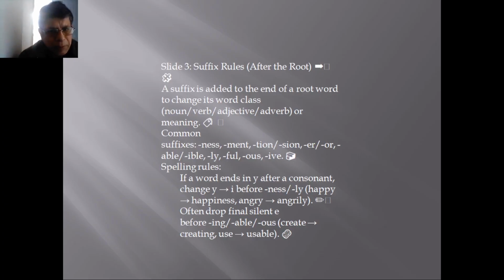Suffix rules, after the root. You have learned a prefix is added before the root word or the main word, and a suffix is added after the main word. A suffix is added to the end of a root word to change its word class. This is very important to remember.